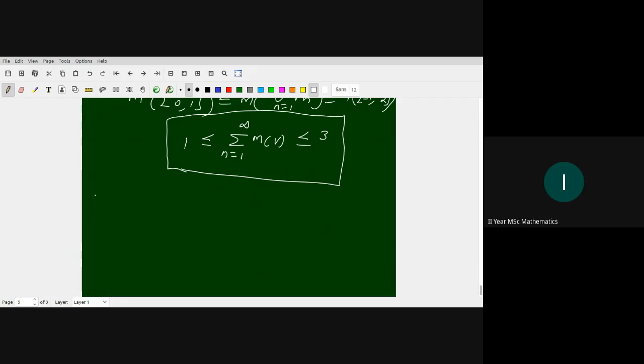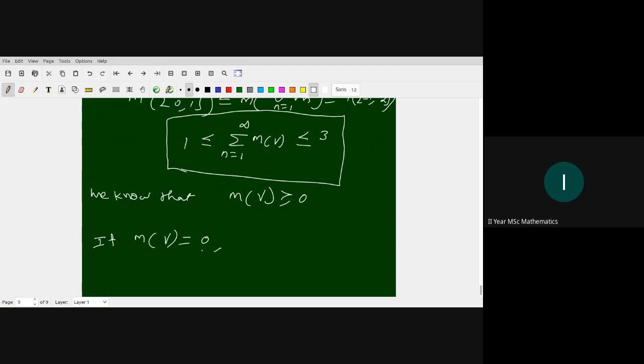Now we know that measure is always non-negative because it is a restriction of outer measure. We have already proved that outer measure is non-negative. We are going to analyze in two cases. First case, if m of B is 0, then what happens. The second case is m of B greater than 0, then what happens.